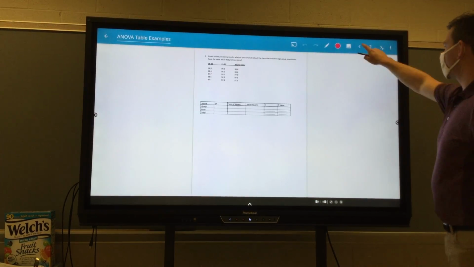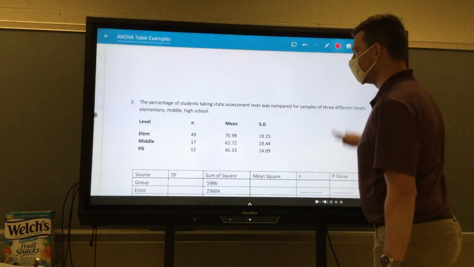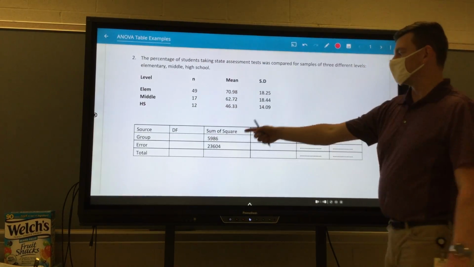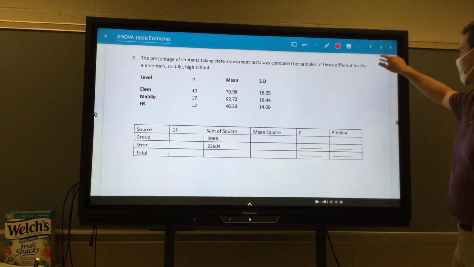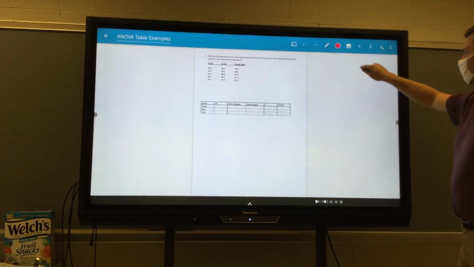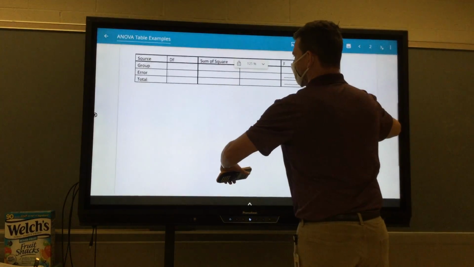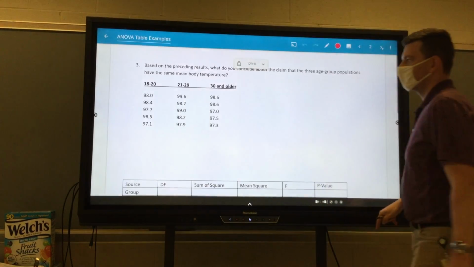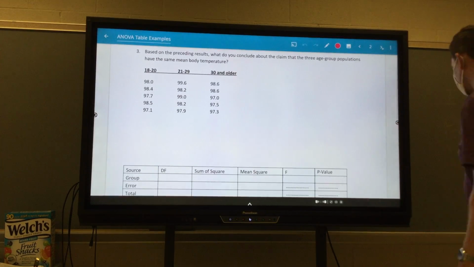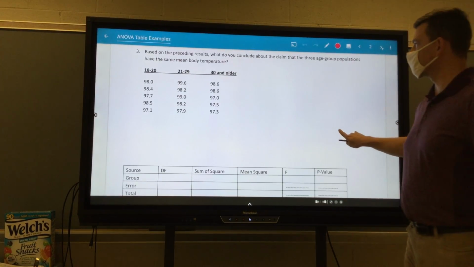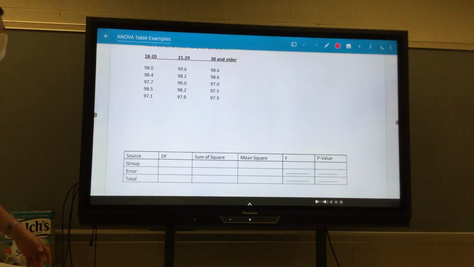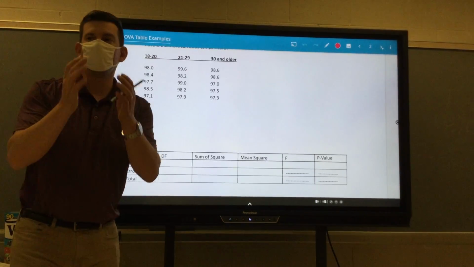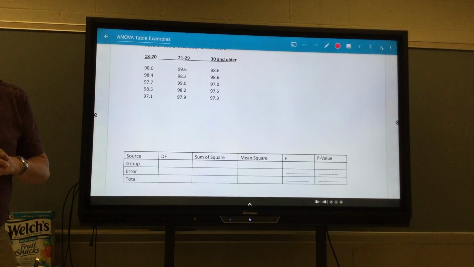All right, we do have another problem down below where I provide you with the sample statistics and the sum of the squares. I'm going to let you try that one on your own because I want us to look at the raw data that we have for our last example, which is looking at 3 different age groups, 18 to 20, 21 to 29, 30 and older, and the average body temperature that was obtained from those samples.